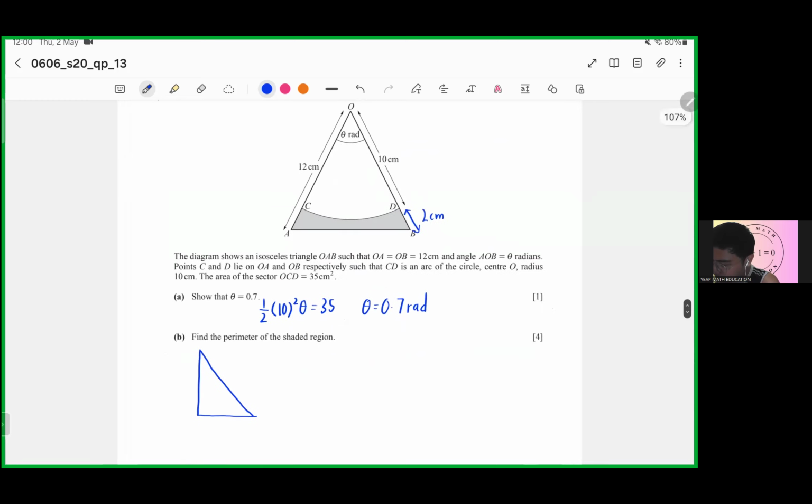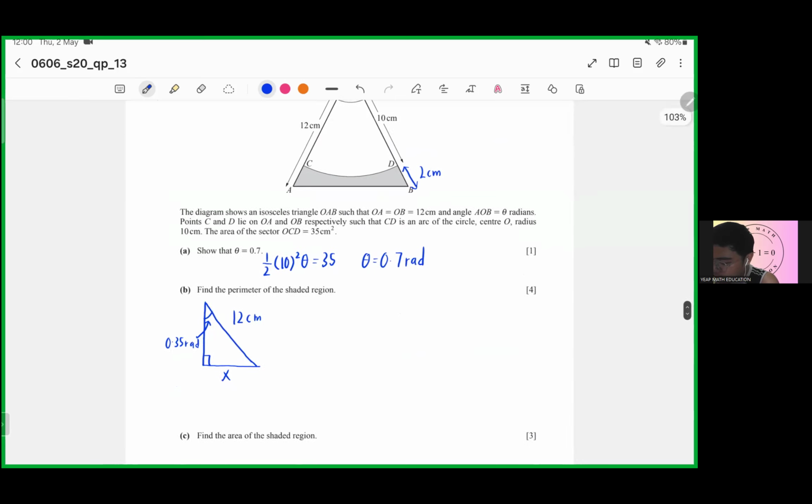Here we have 12 cm. This angle, you need to take half of 0.7, which is 0.35 radians. Here I put the angle x. So AB equals 2x. Hope you guys can understand it.